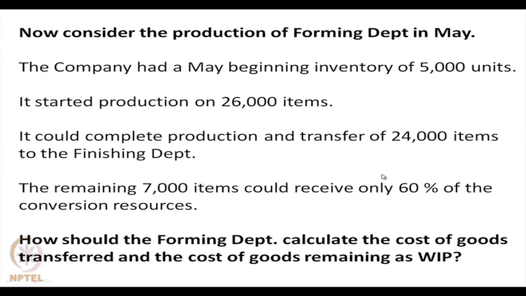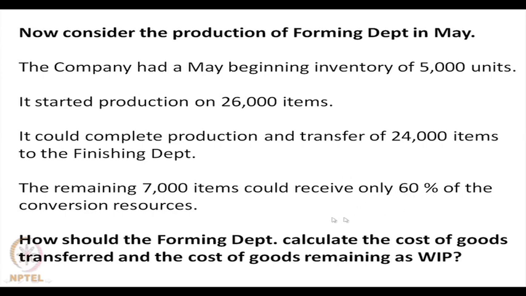In April, the 5,000 items had received 25% of the conversion resources, but in May it is estimated that much more work has been done, but there are 7,000 items that could not be completed. They received on an average 60% of the conversion resources.